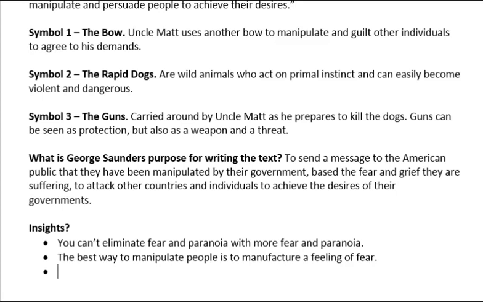Another potential insight here is that you look at the story and you think, Ed the father, would he have gone through all this trouble if Uncle Matt wasn't egging him on, if Uncle Matt wasn't creating this organization?